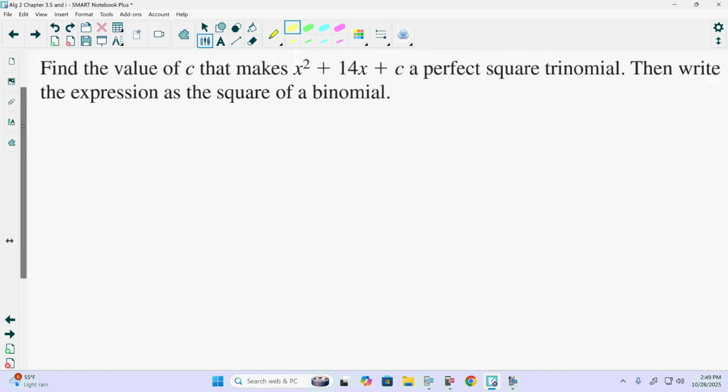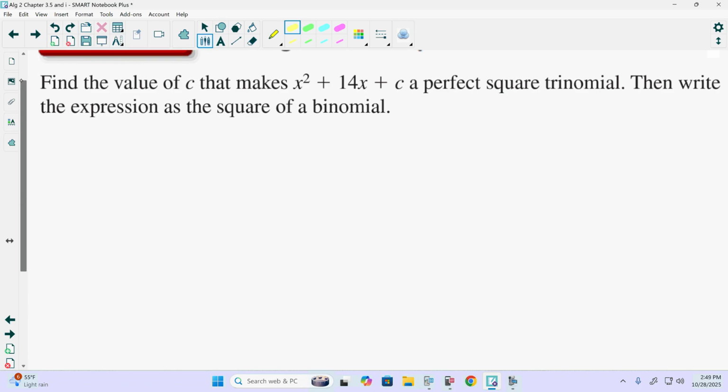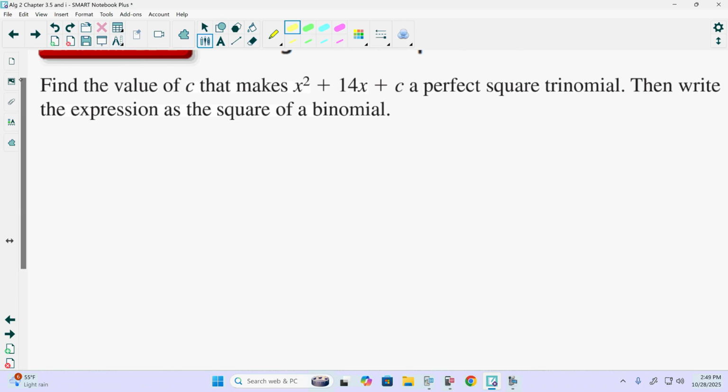Now to do that, we're looking at x squared plus 14x plus c. We want to make this into a perfect square trinomial. We want to find what value of c will make this a perfect square trinomial so that we can rewrite it as a single set of parentheses being squared.